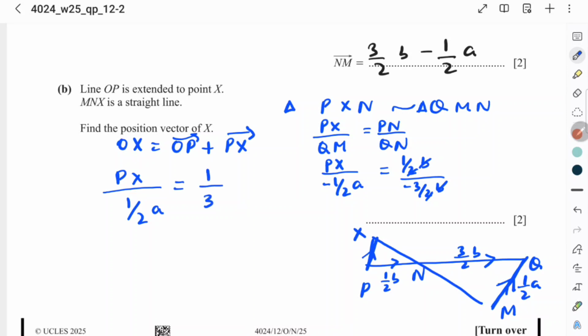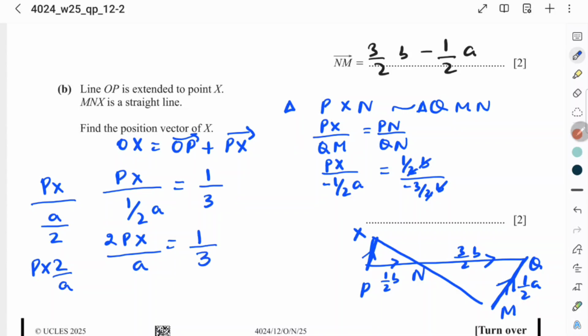Multiplying, 2PX upon A is equal to 1 over 3.